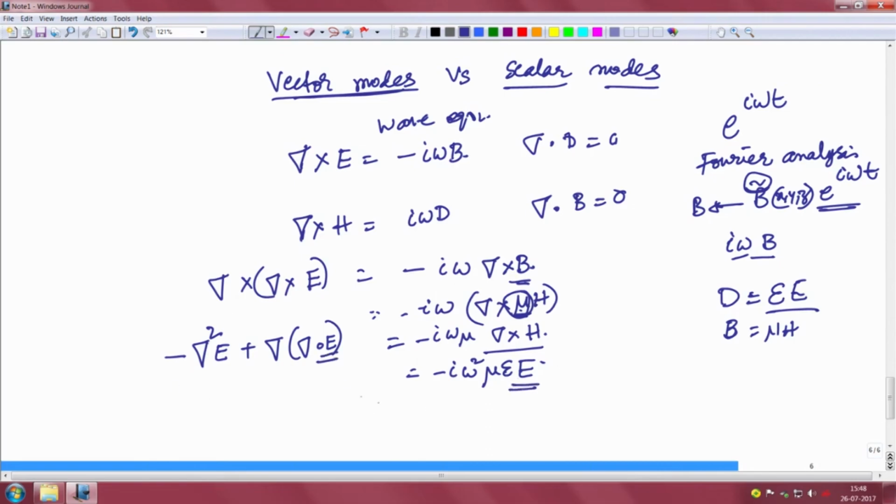Of course, we have made a few assumptions that the medium is uniform and the electric field is not coupled to the magnetic field.